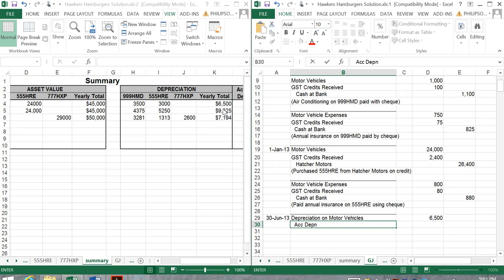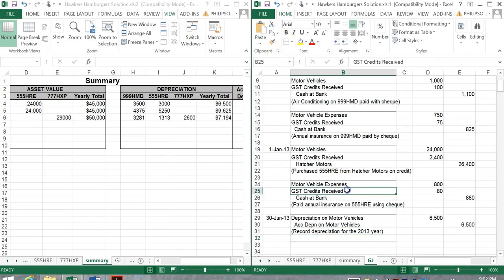Just abbreviate accumulated depreciation because you're going to be writing it a few times, so we'll try and cut down on it. And that equals 6,500. Depreciation for the 2013 year. Alright, underline that.